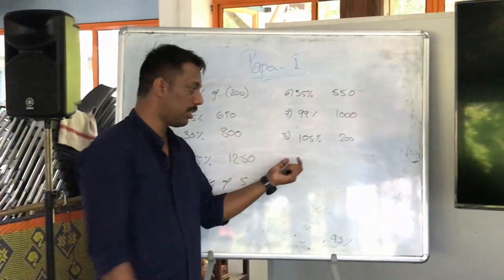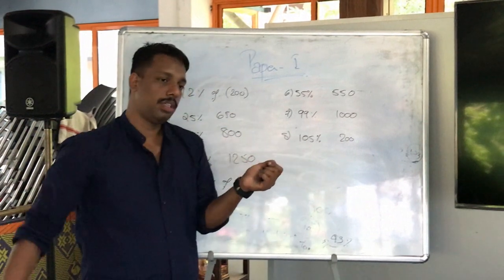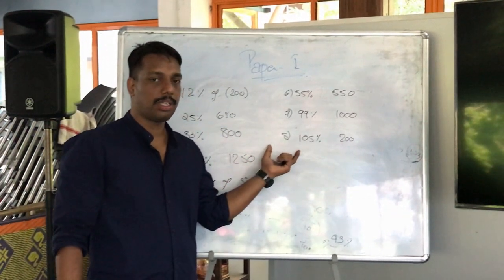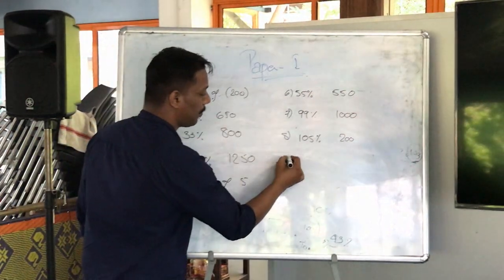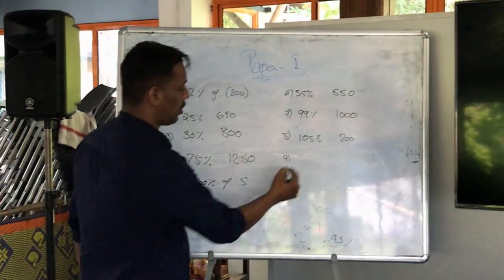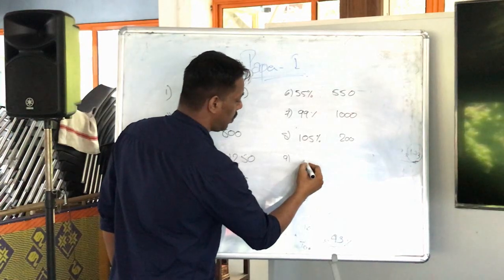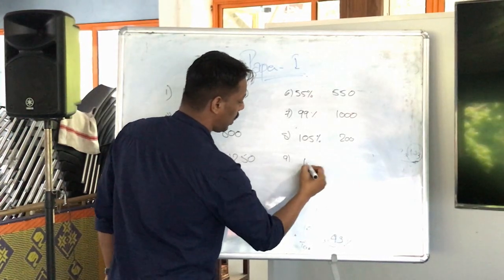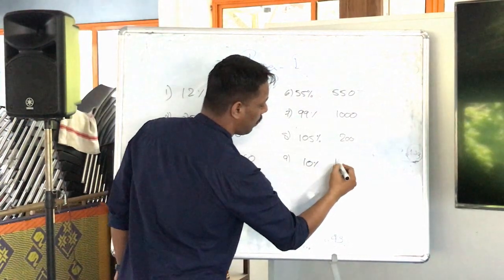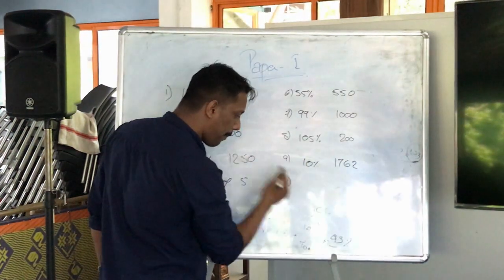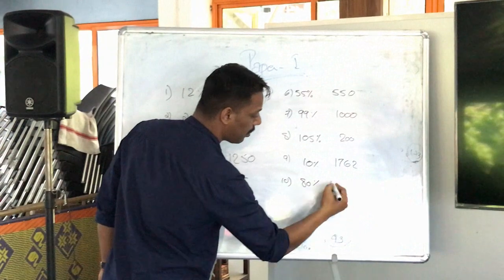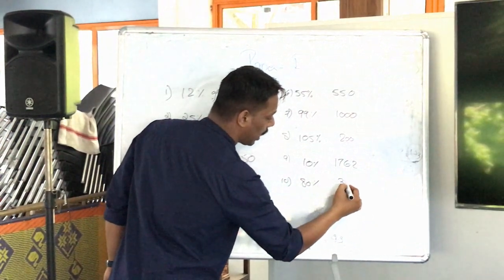Here the question is slightly different. It is 105% of 200. Then what is 10 percentage of 1762, 80 percentage of 300.